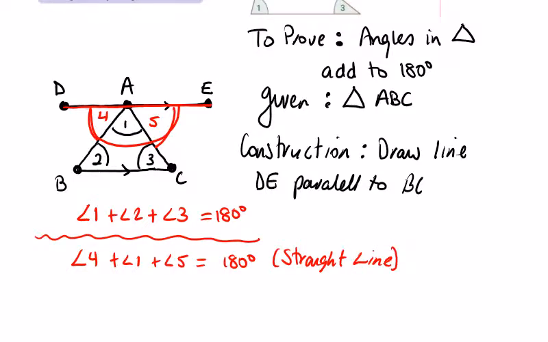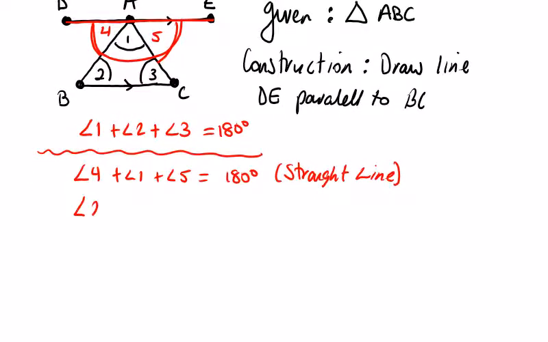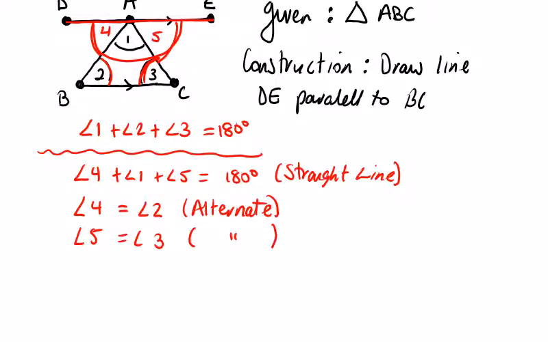I'm going to examine you on it, even though it's not on the Junior Cert course. Angle 4 is equal to what other angle? You can see here, angle 2, you've been studying alternate angles. Why? Because they're alternate, because the lines are parallel. What can we say about angle 5? Angle 5 is equal to angle 3, also alternate.